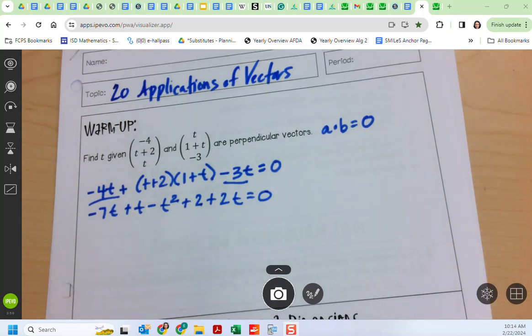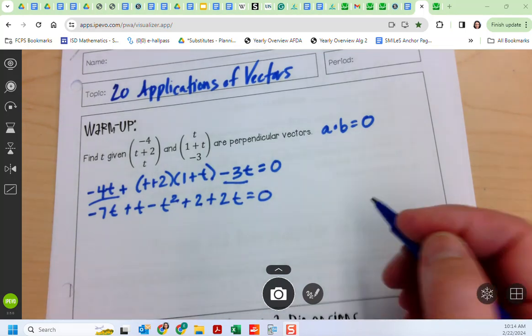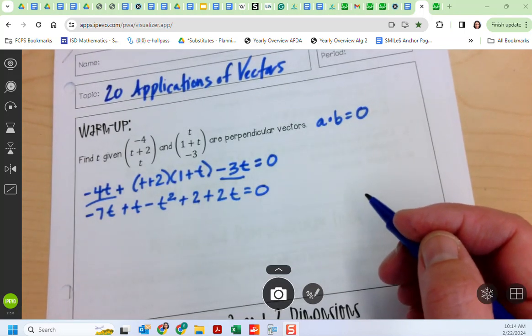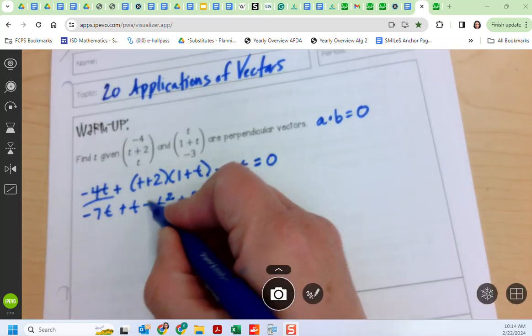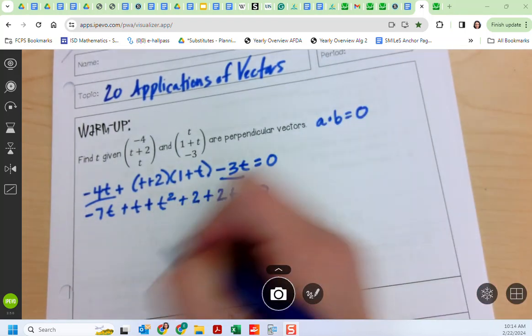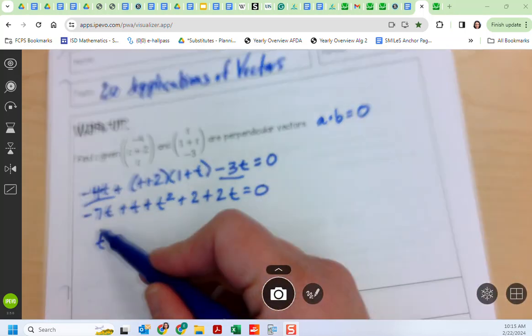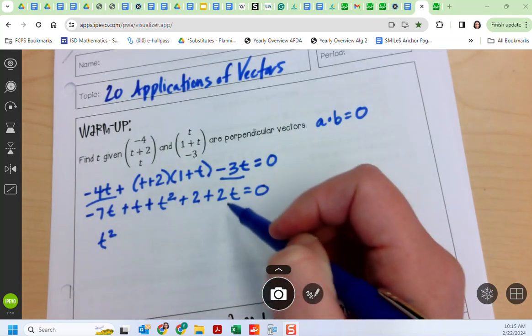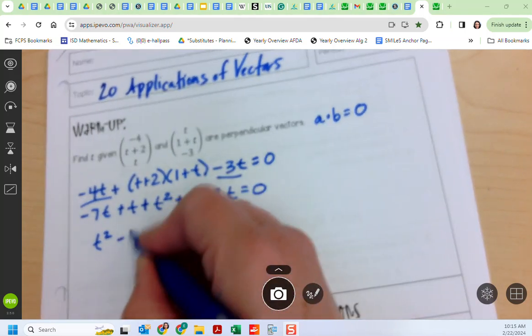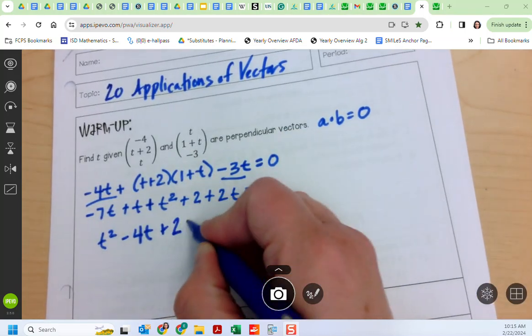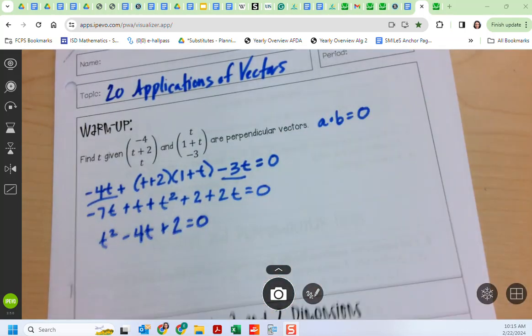You don't have to do exactly in that order, but you should end up with the same thing as me. Oh, sorry, it says minus. Why does it say minus? It should be plus, right? Yeah. All right, so I've got t squared first, and then negative 7t, 1t, and 2t, so negative 4t, plus 2 equals 0.